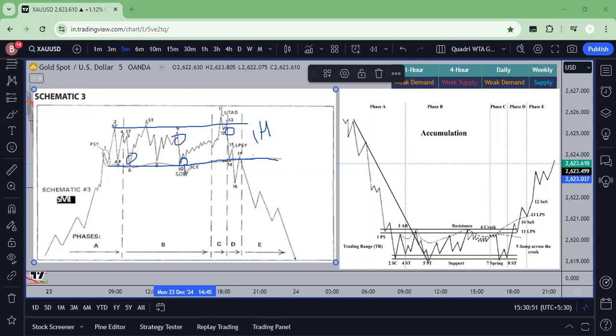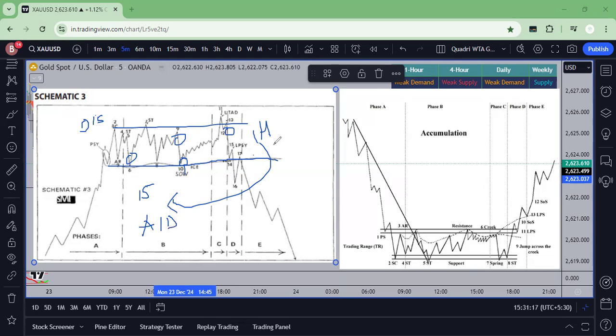This is a common thing which traders normally do. They identify a higher time frame schematic, and if this is the case with distribution, they then drop down to a lower time frame. I'll consider 15 minutes, for example, and I try to identify accumulation or distribution here.